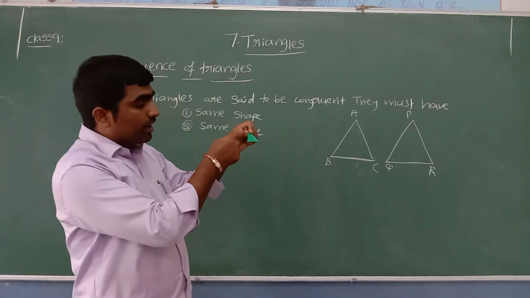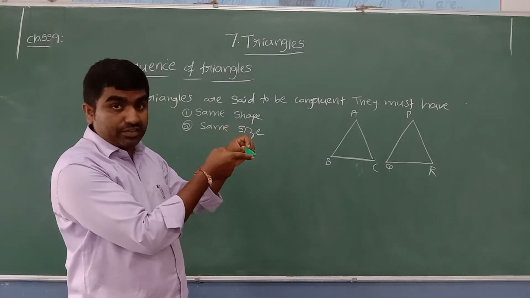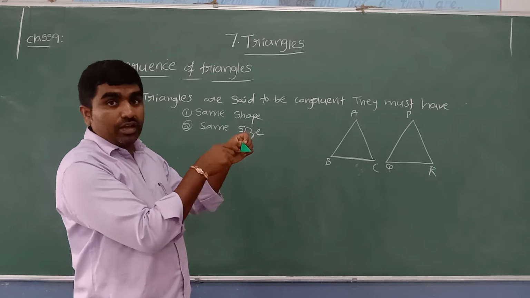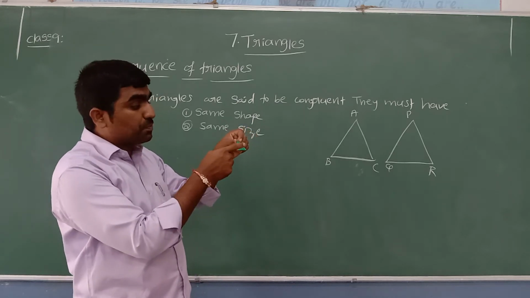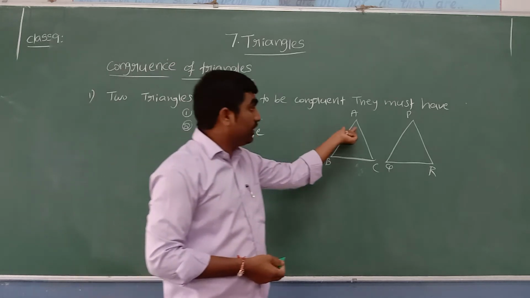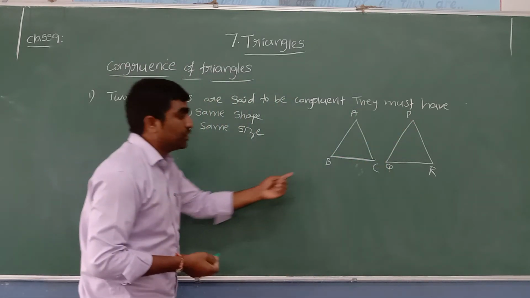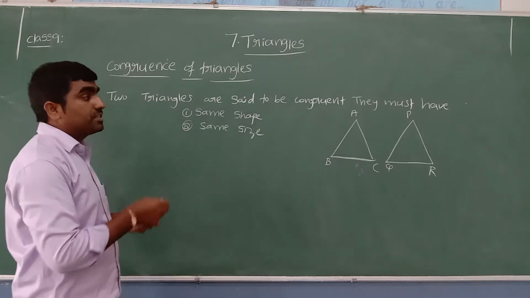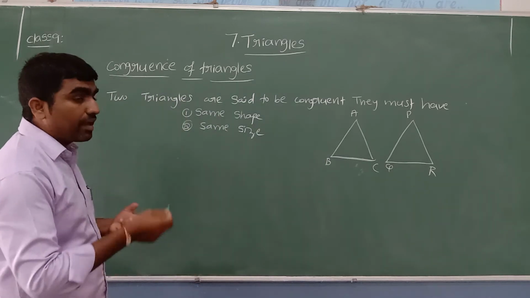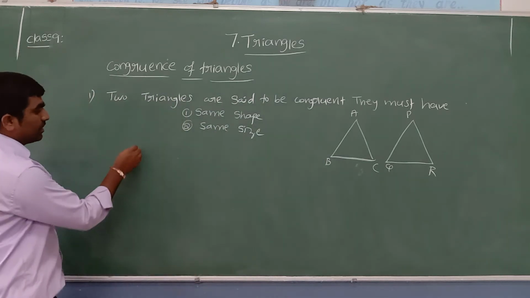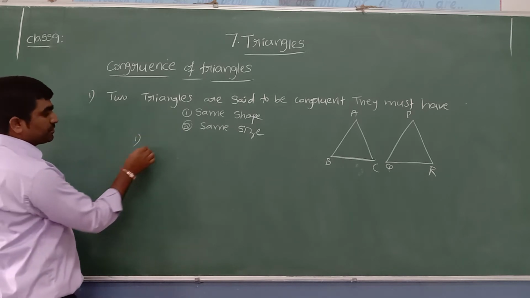Means what? Corresponding sides are of equal length. Then only the sides will coincide, and also we can say corresponding angles are equal. Then only corresponding angles will coincide. So from here what can we say, beta? When two triangles are congruent, sides will coincide, angles also coincide. It means corresponding sides are equal.